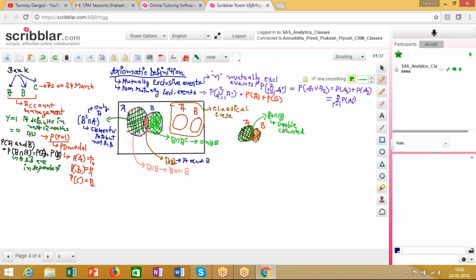So over here what will happen is that one of these values needs to be removed from here. So that is minus probability of A intersection B. So probability of A union B is probability A plus probability B minus the probability of A intersection B. Clear?